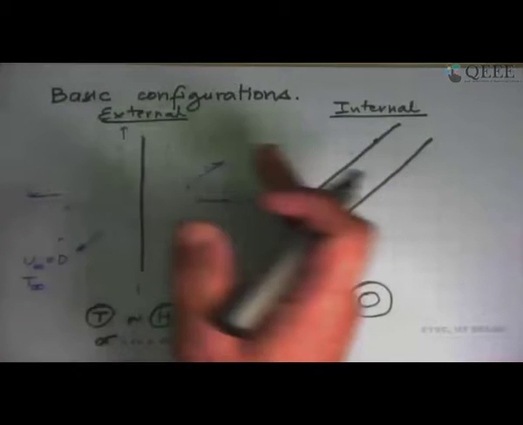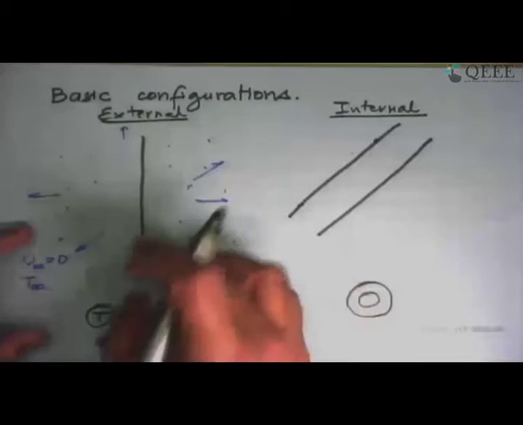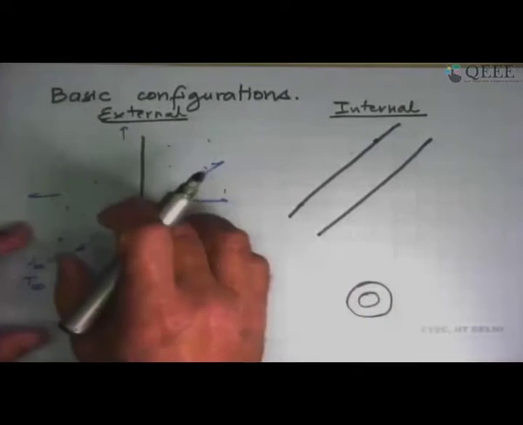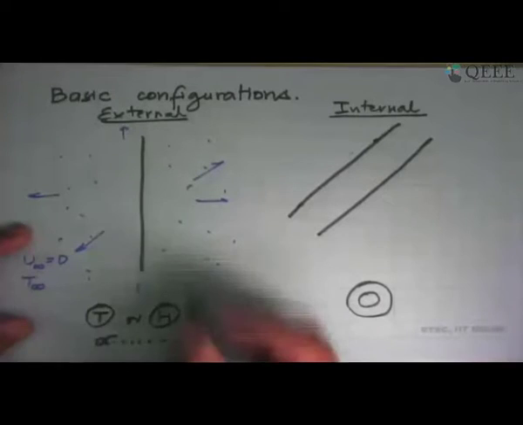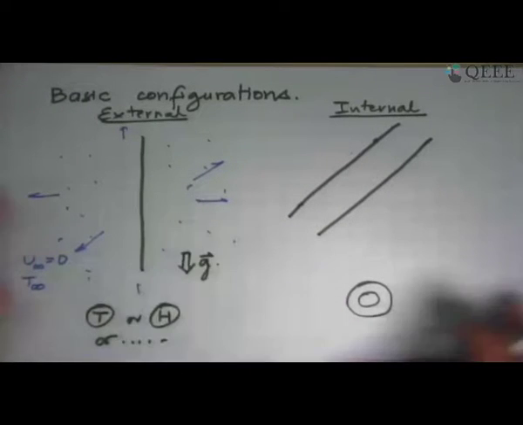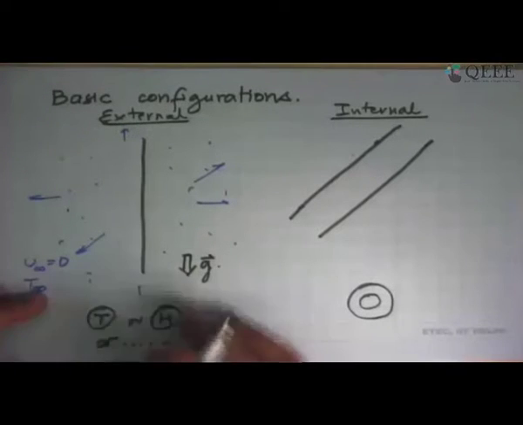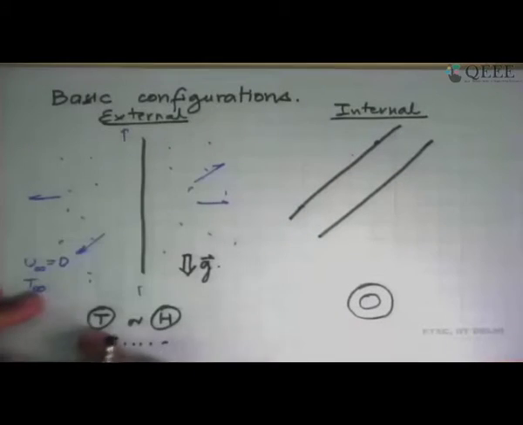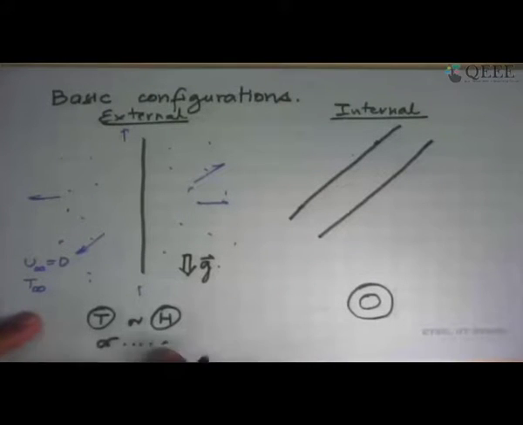This is in an ambient fluid where the walls are very far away, and it cools by natural convection. An essential feature here is that gravity is an important player. So g you must show there. The plate could either be isothermal, heated or cooled, or isoheat flux, or any other combination.